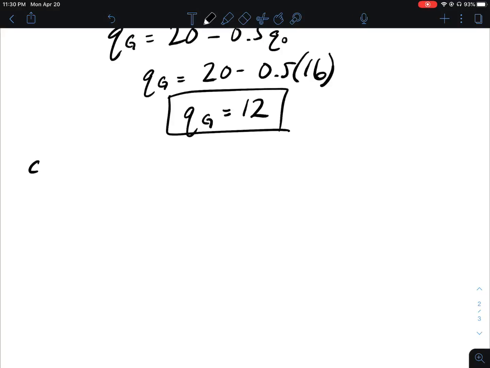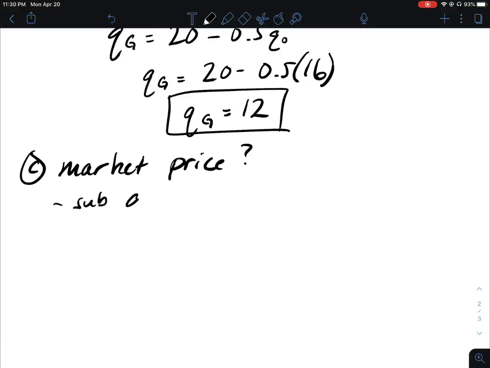Part C is asking for us to solve for the market price. So in order to figure this out, we just have to sub the market quantities into the inverse demand function.